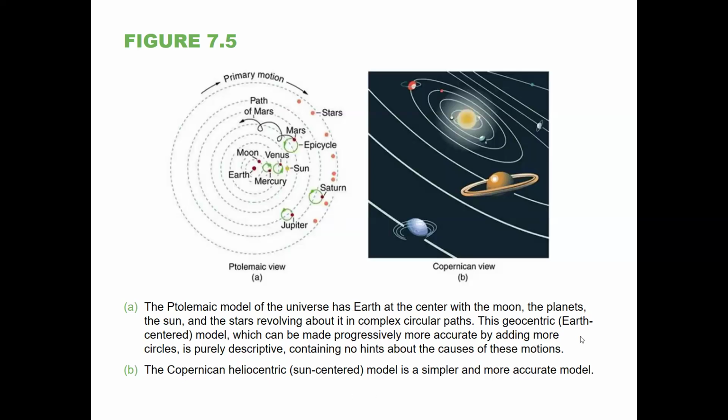So here the geocentric, meaning Earth-centered, model, which can be made progressively more accurate by adding more circles, is purely descriptive, containing no hints about causes of these motions. So Copernicus has a heliocentric, sun-centered model, which is a simpler and more accurate model.